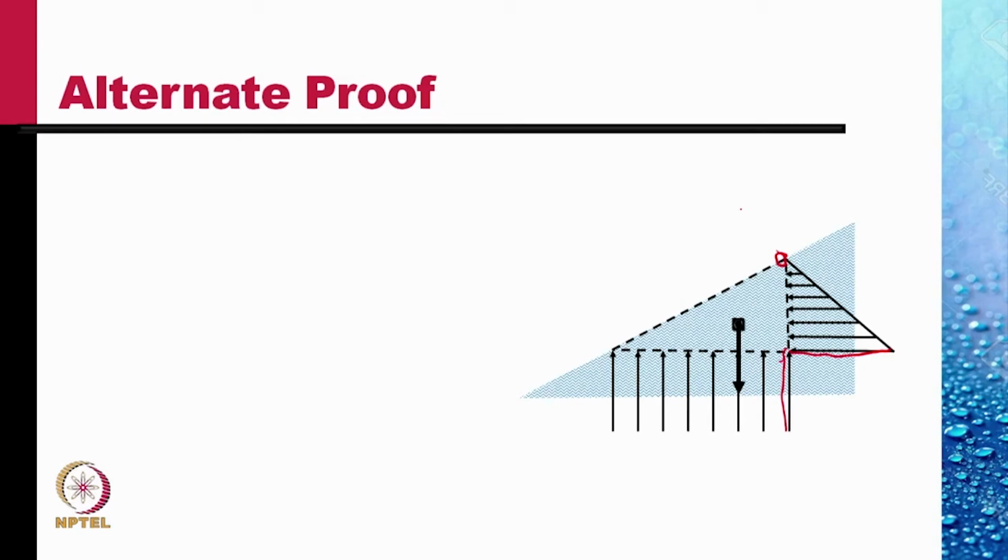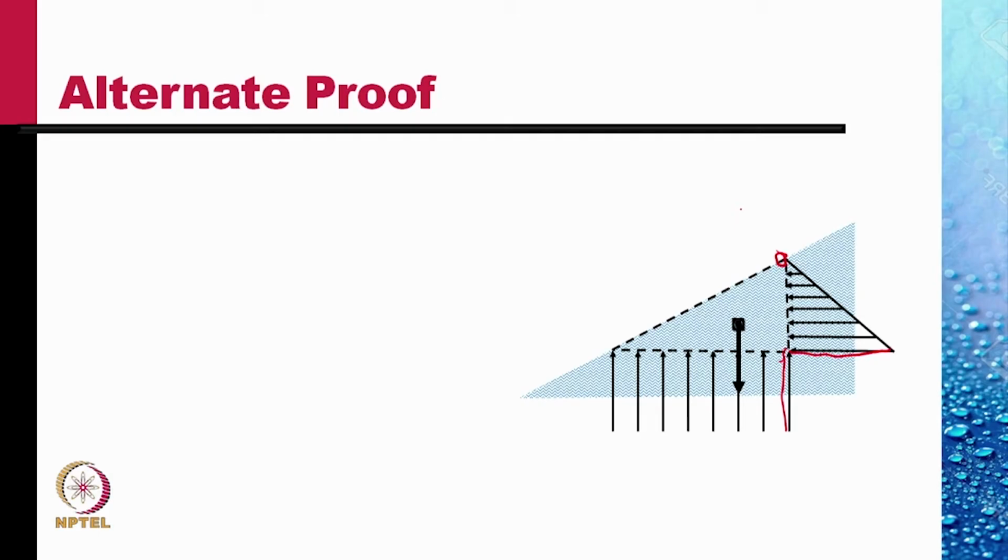Now we have got a result. If the configuration of the fluid element was like this, how would the horizontal forces balance? There are forces in one direction only. So the horizontal forces would always be out of balance if the configuration of the element is wedge-shaped.